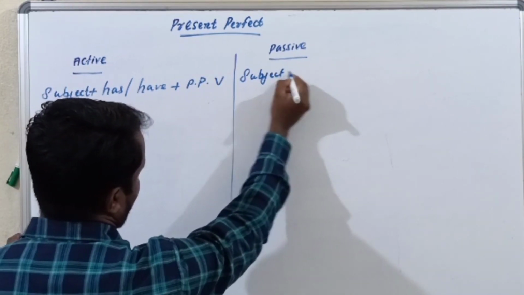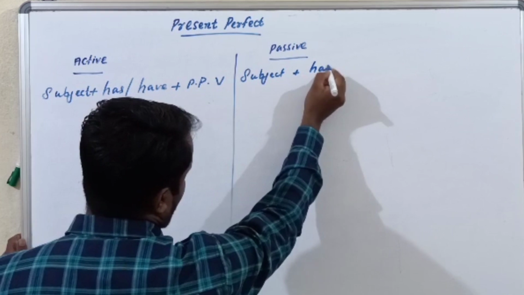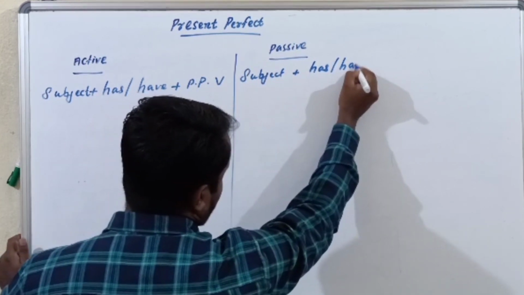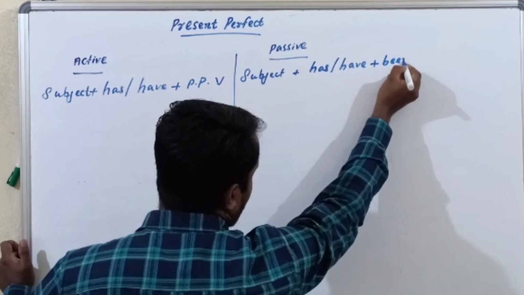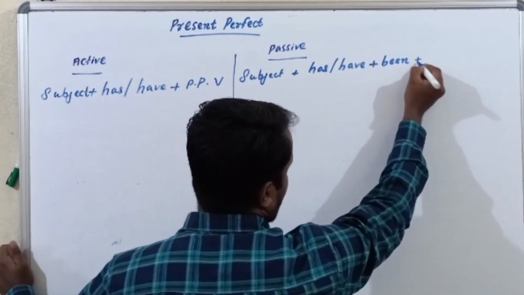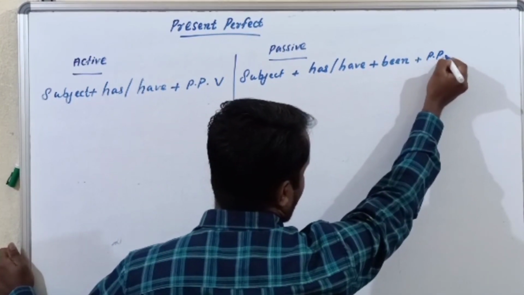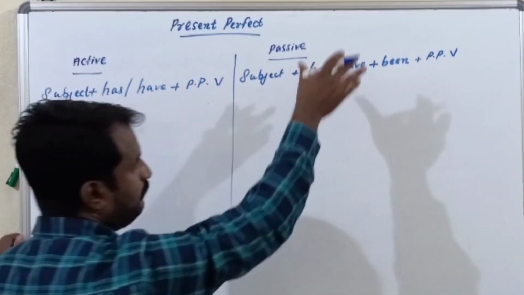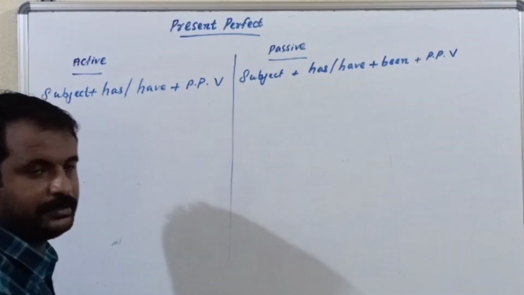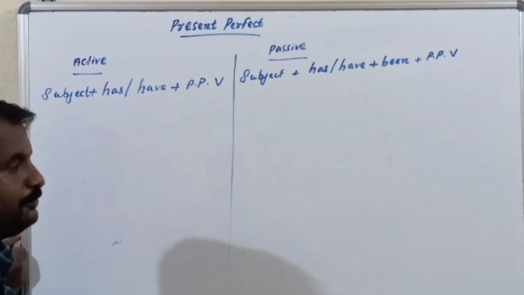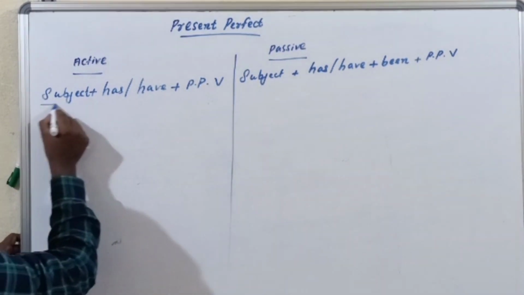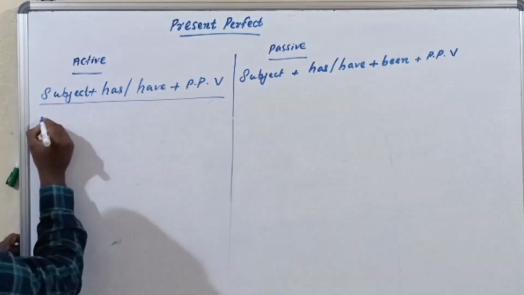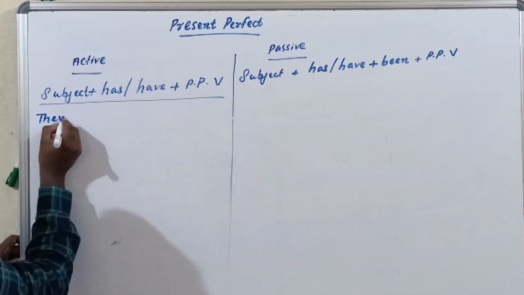And the passive form is subject, that means the object of active, plus has or have plus been, B-double-E-N, plus the past participle form of the verb. And we have seen that in every passive form, the past participle form is compulsory, not any other form.